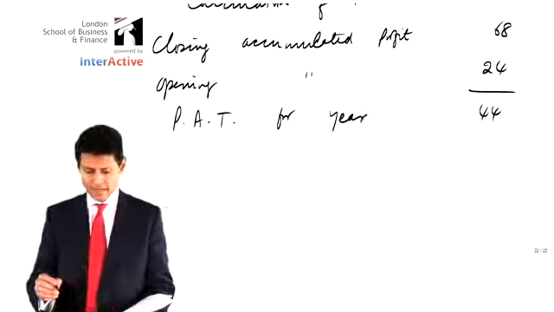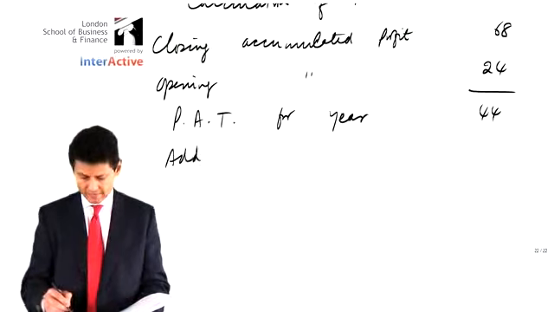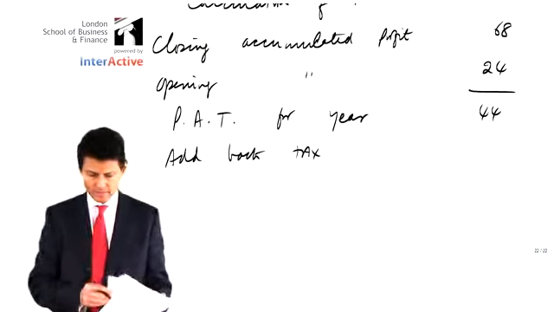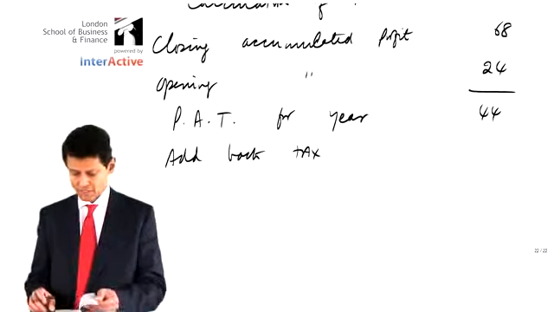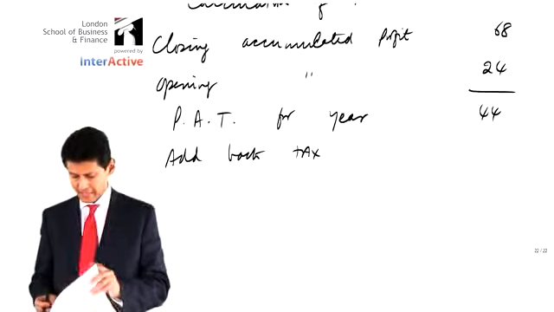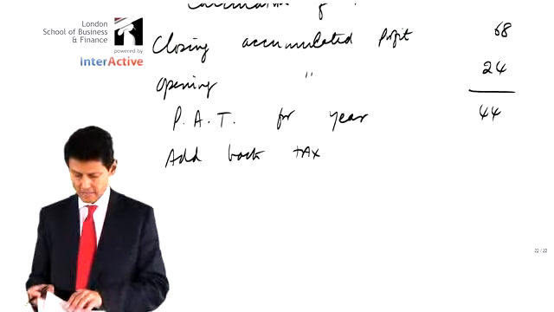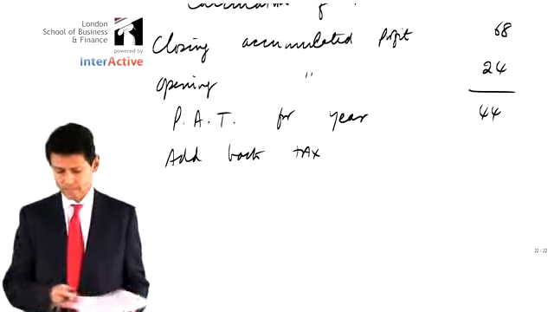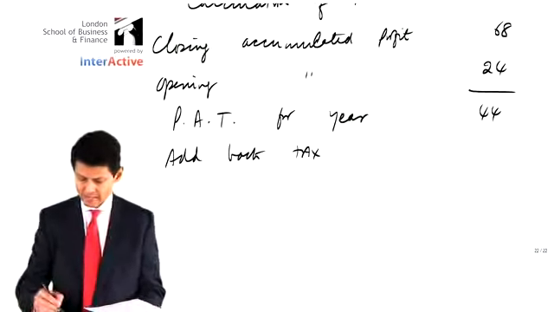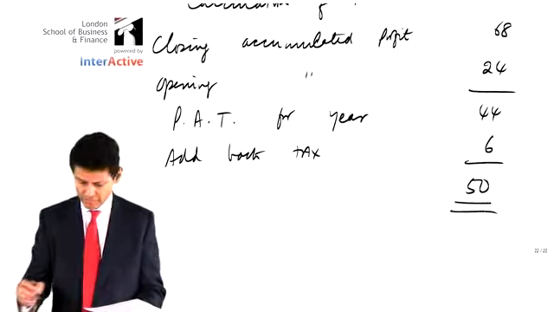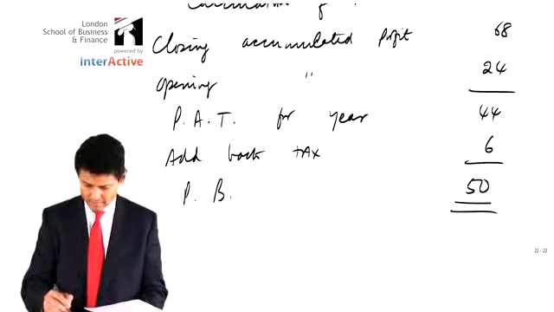If I can then add back the tax, which is clearly given, tax is given in the question, standing at, let's go have a look, if tax is given in the notes as 6,000, if I were to add back the tax, I suppose 50 is the profit before tax.